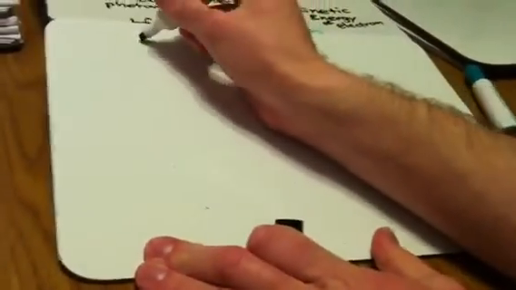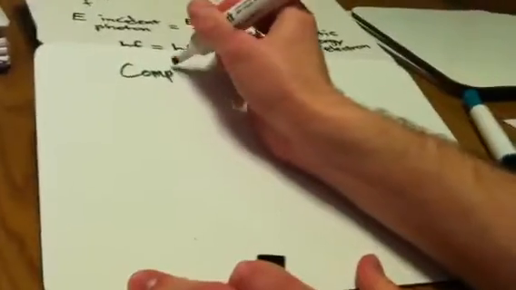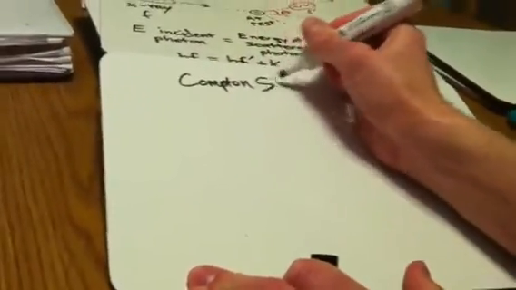We can also calculate the Compton shift, which is the shift in wavelength from before the collision to after the collision.